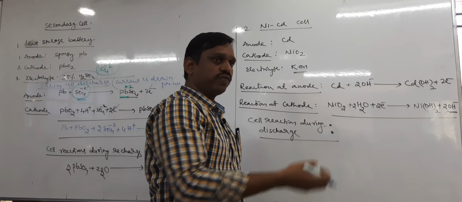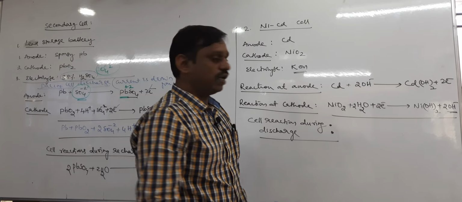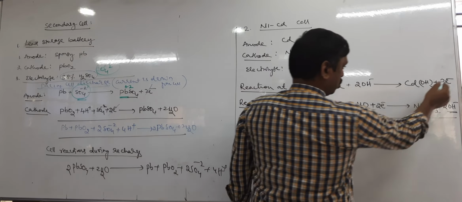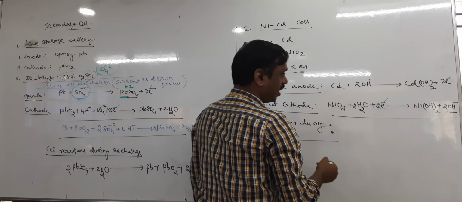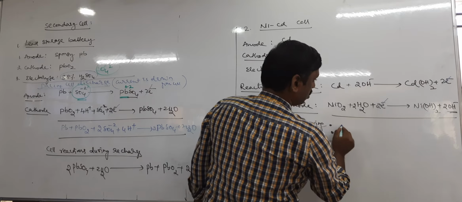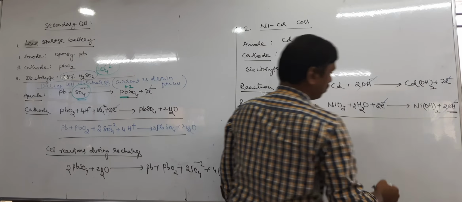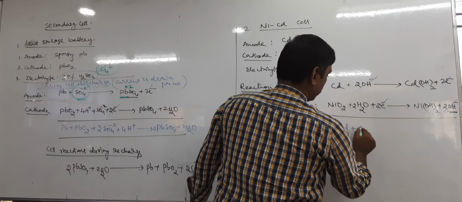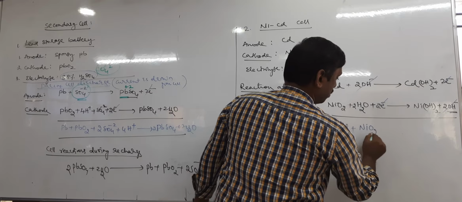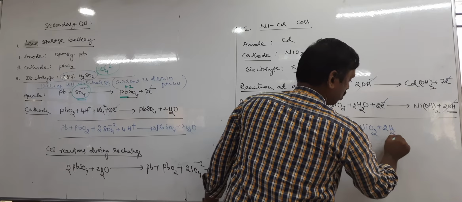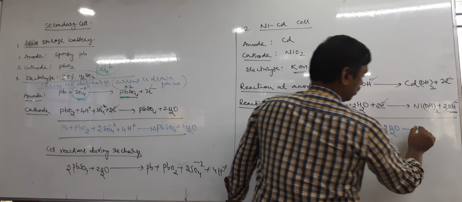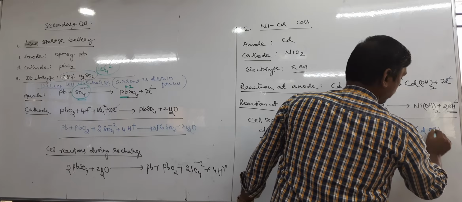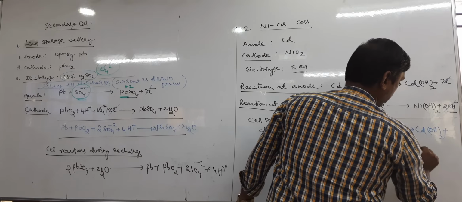Cell discharge means when current is drawn from the cell. So here 2 electrons are balanced, and 2 OH minus, 2 OH minus are also cancelled. Then cadmium plus nickel oxide plus 2 H2O gives rise to, tell me, cadmium hydroxide plus nickel hydroxide.